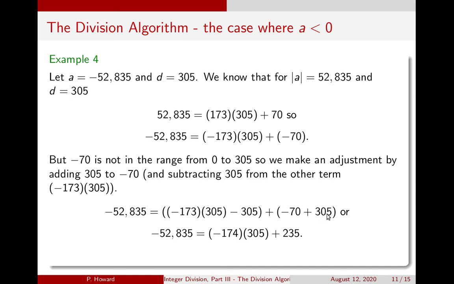And minus 70 plus 305 is 235. 235 is in the right range to be a remainder. It's non-negative and it's smaller than 305. So here are what the results of the division algorithm look like in this example where a is negative. The Q0 is minus 174, and the R0, the remainder, is 235.